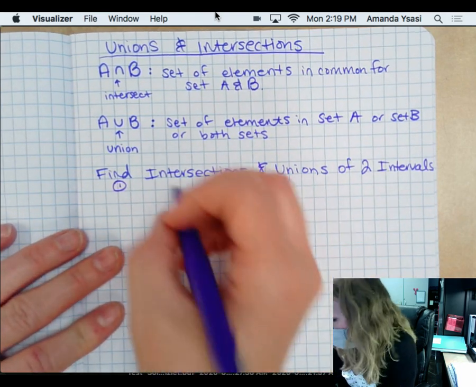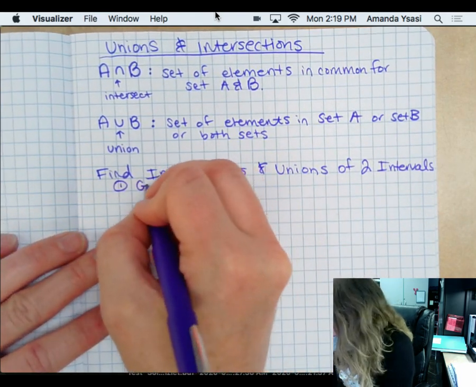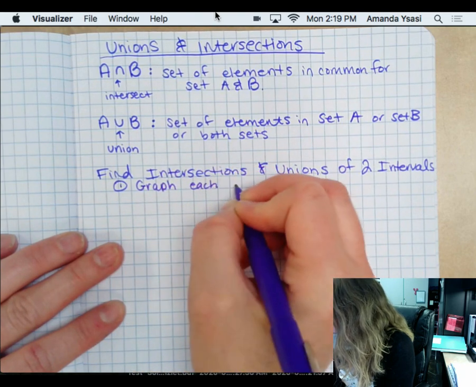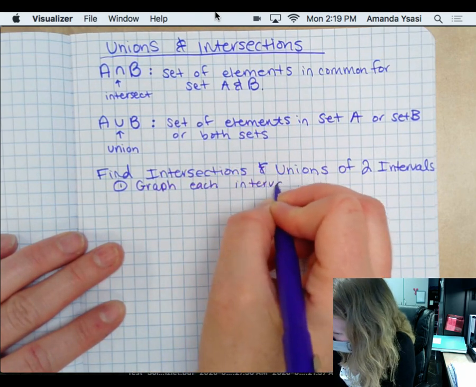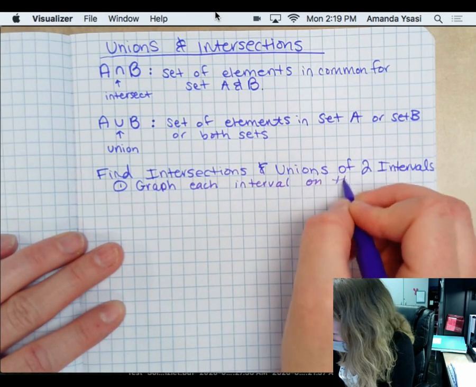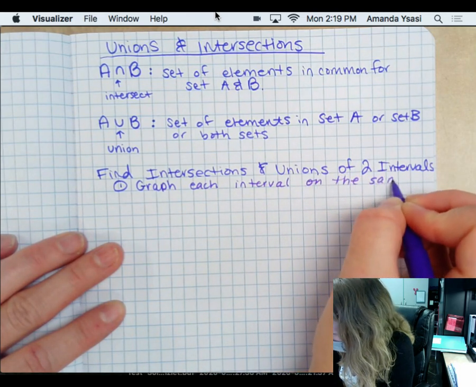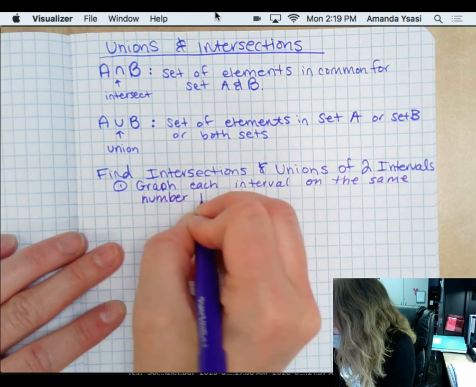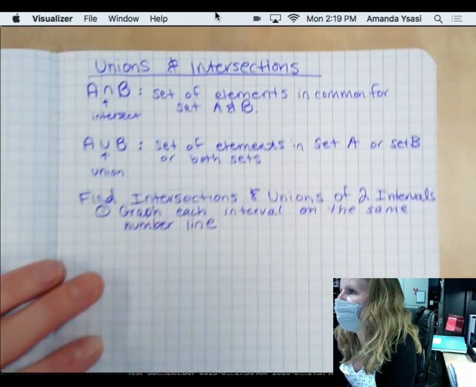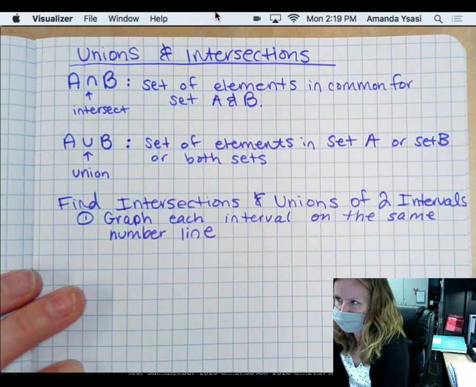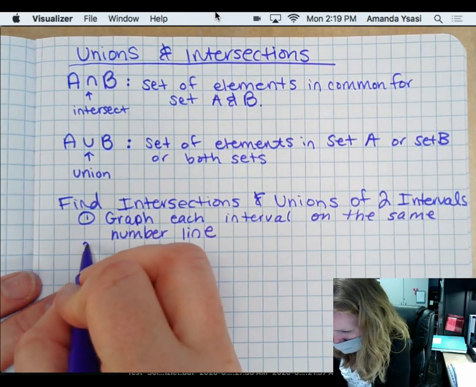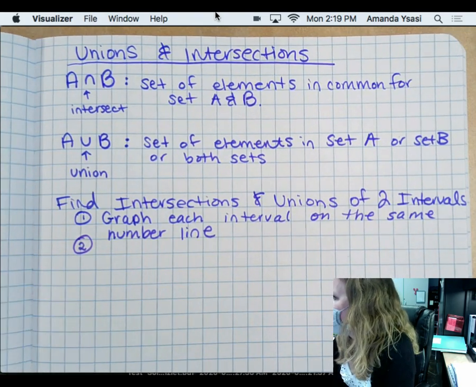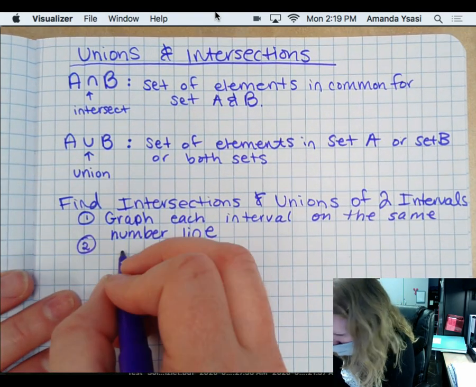So the first thing you do is you graph each interval on the same number line. Two, you're going to decide whether it's an intersection or a union.